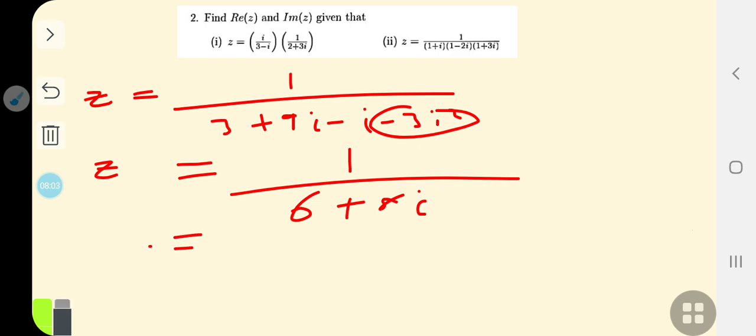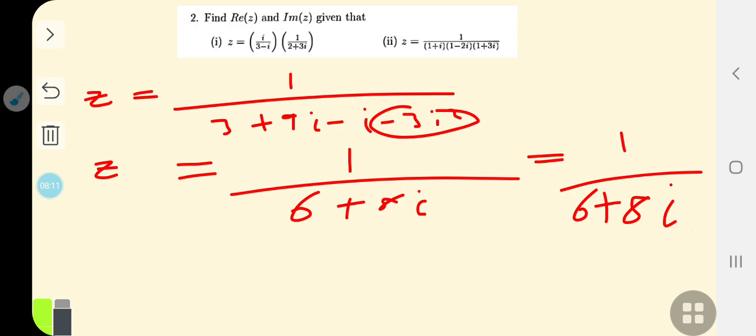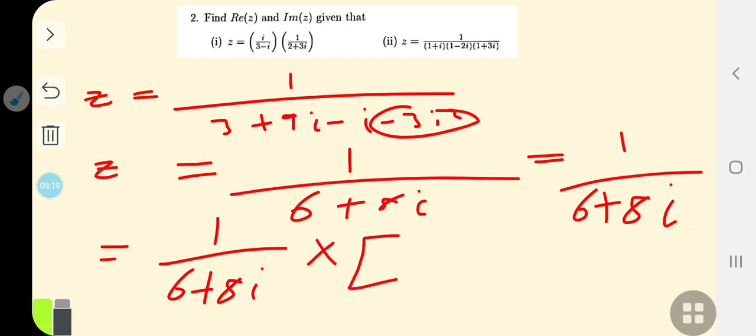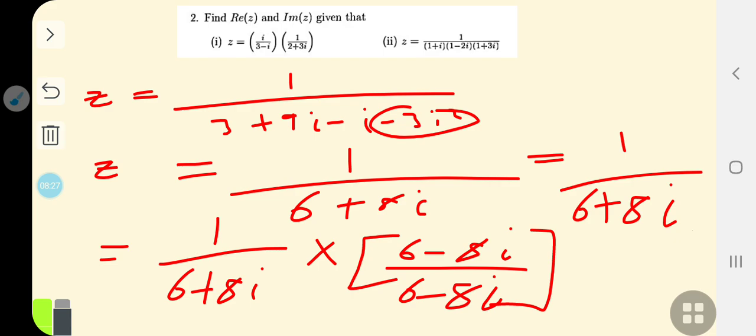So I'm having 1 over 6 plus 8i. Now here it is just a matter of multiplying by its conjugate. So 6 plus 8i multiplied by its conjugate, which is 6 minus 8i, divided by the same thing, 6 minus 8i.